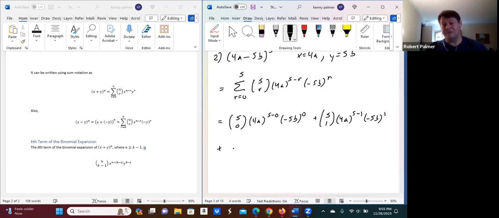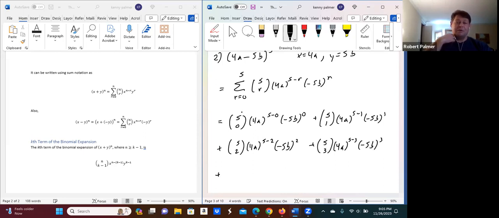Okay, plus, then start over, r is 2, 5 over 2. Then once again, we have 4a to the 5 minus 2 times negative 5b squared, plus, then r is 3, get the idea, 5 over 3. And so then we have 4a to the 5 minus 3, then times negative 5b cubed. All right, a couple more. And repeat, once again, r is 4.